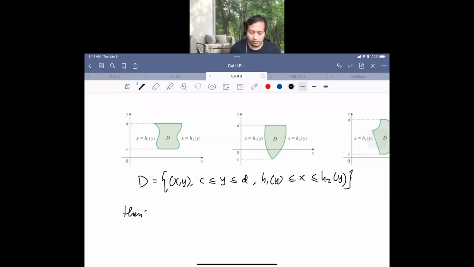Then the double integral will be, let me write it completely.